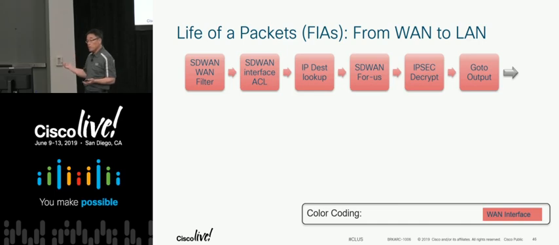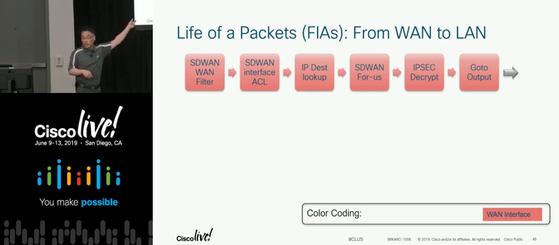So only encrypted traffic is allowed into the system by this filter, and from known sources, because the router knows who my TLOC peers and tunnel peers are. So only routers that are part of the SD-WAN fabric and encrypted are allowed into the system from the WAN interface.